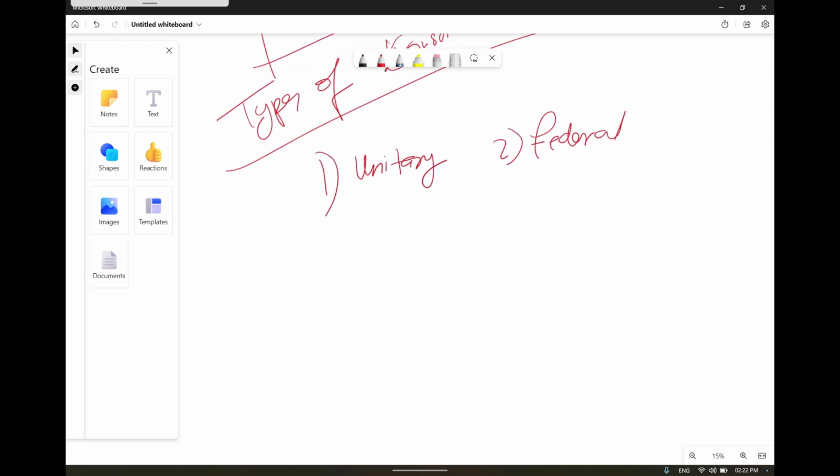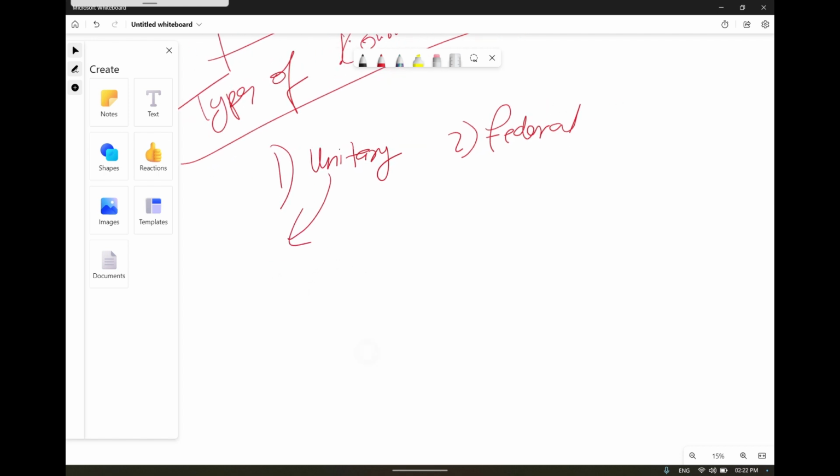Now, a unitary form of government is where all powers are centralized. When I say all powers, I mean financial, judiciary and executive powers.